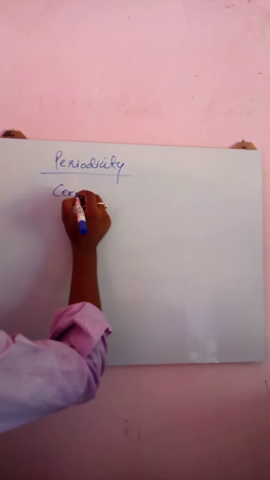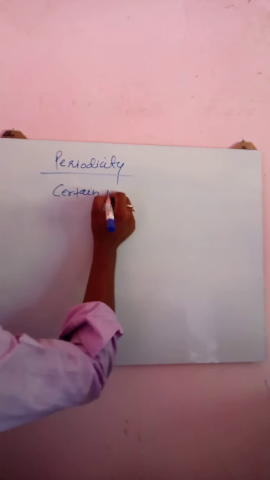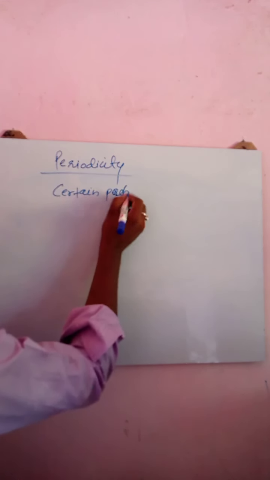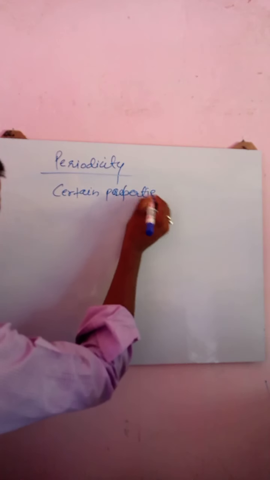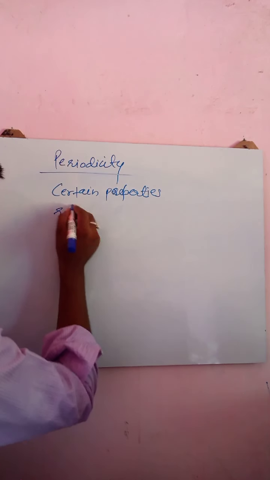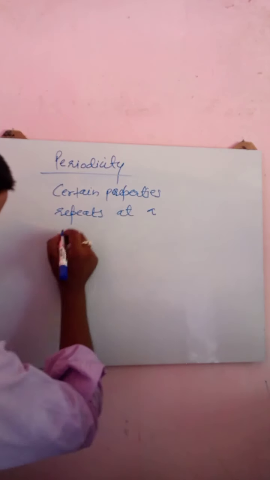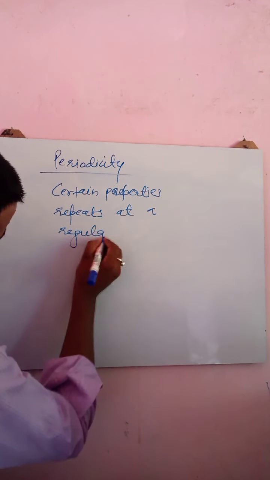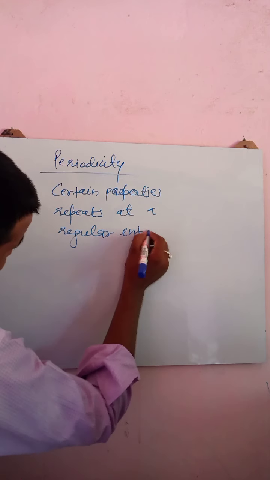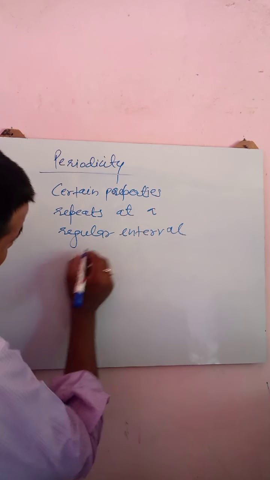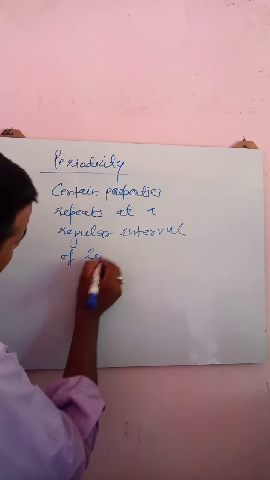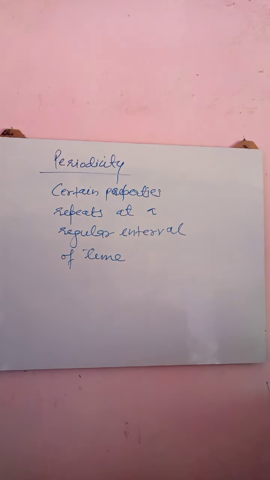Certain properties repeat at a regular interval, and this repetition of certain properties at a regular interval is called periodicity.